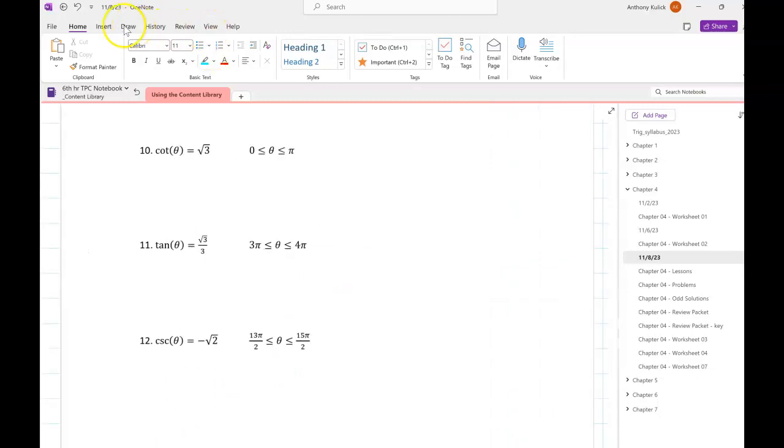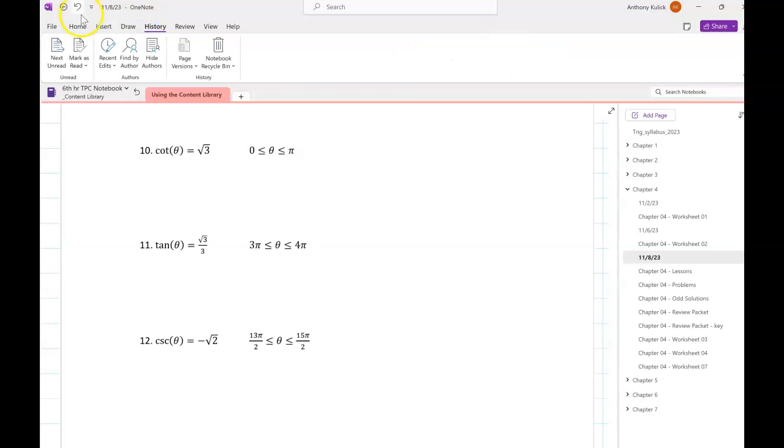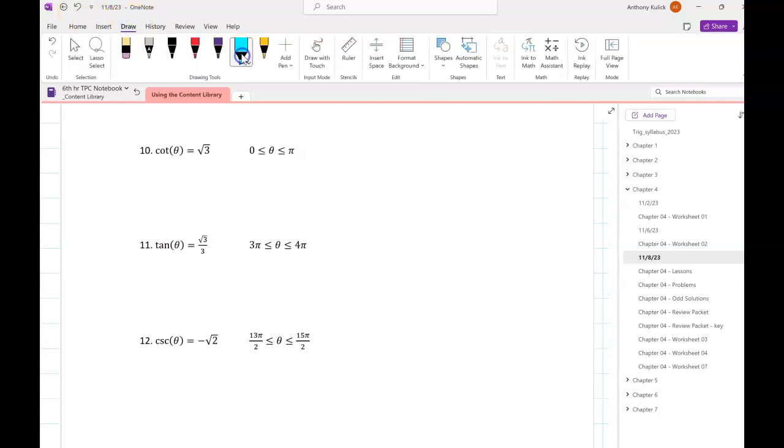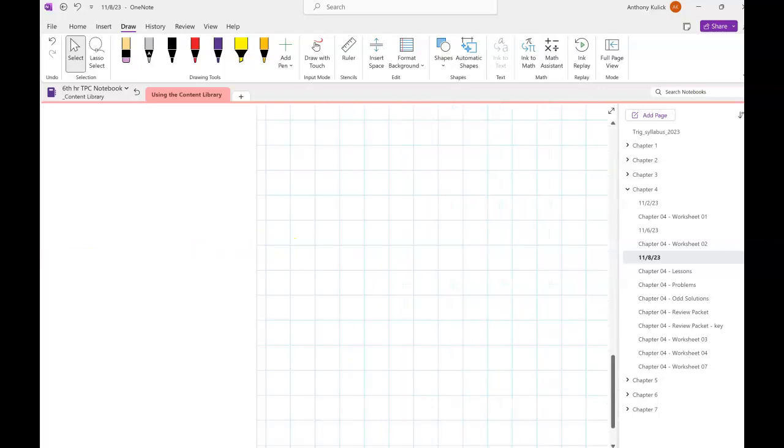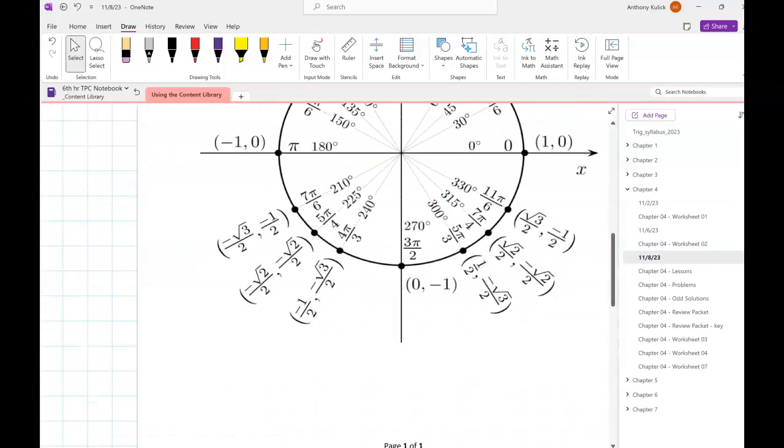So first thing that we like to do is to figure out where on my unit circle 3 pi to 4 pi is covering. That's correct.